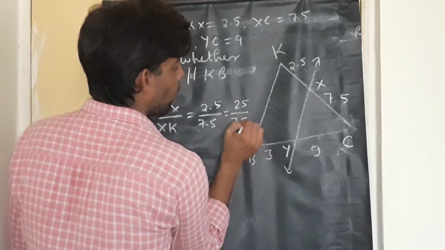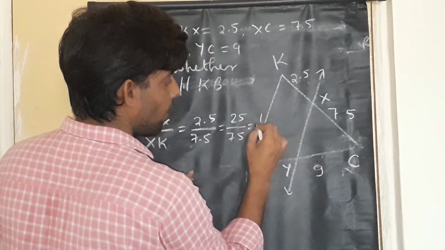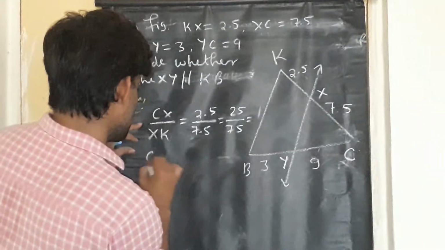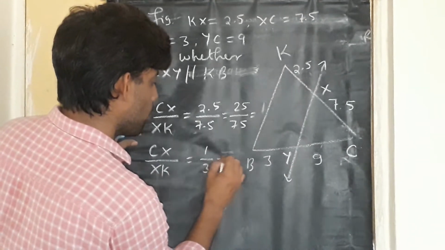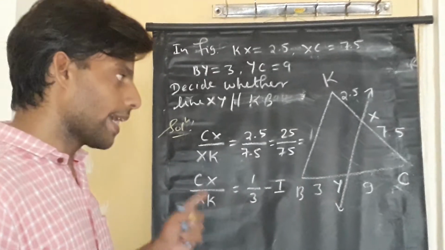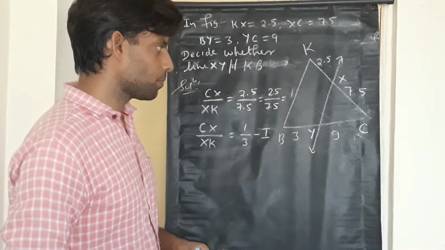So 25 upon 75, which will give us 25 1s are 25 and 25 3s are 75. So we can get here CX upon XK is equal to 1 upon 3. The second ratio, students, is CY upon YB.